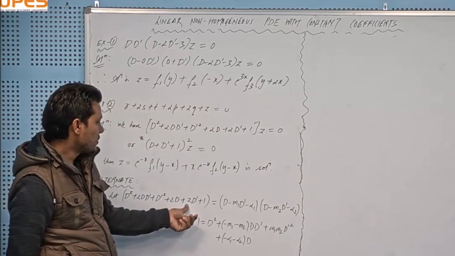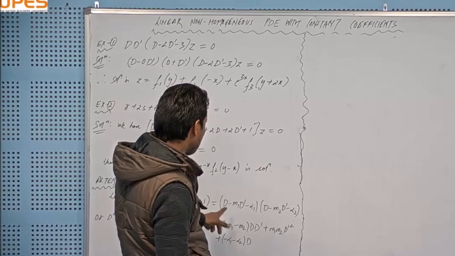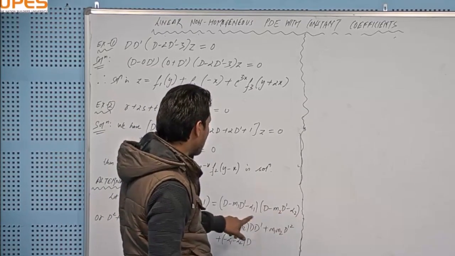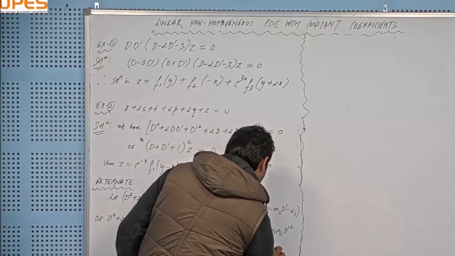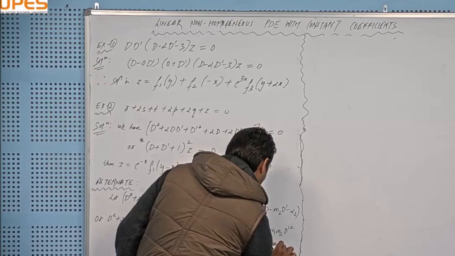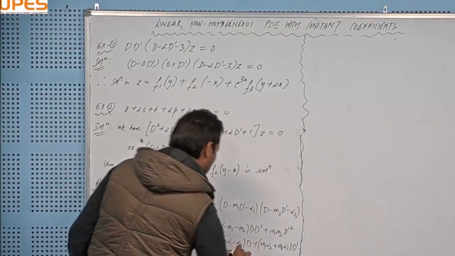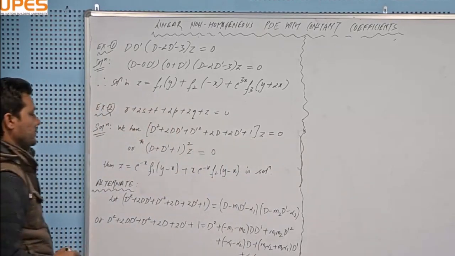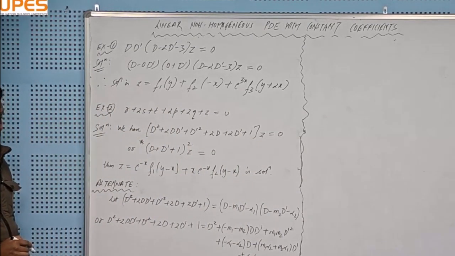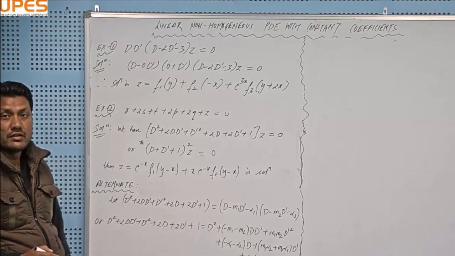And then d dash, that will be plus m1 alpha 2 plus m2 alpha 1 d dash, okay, and then the constant term alpha 1 alpha 2, right?